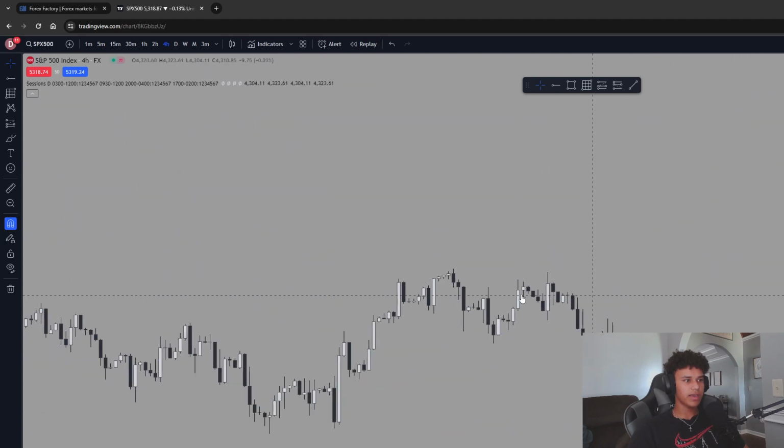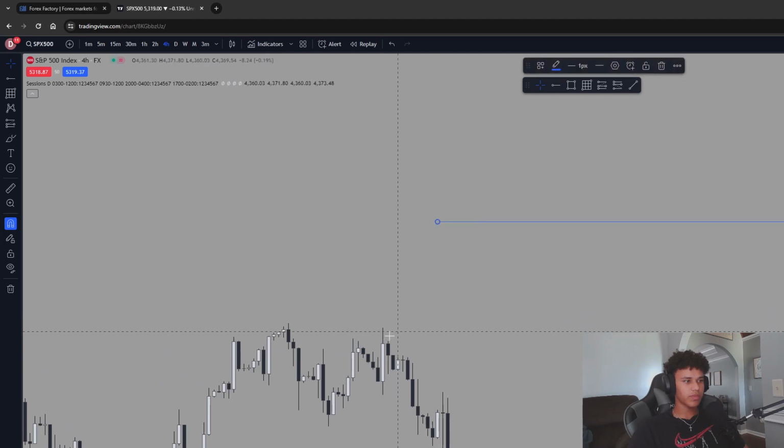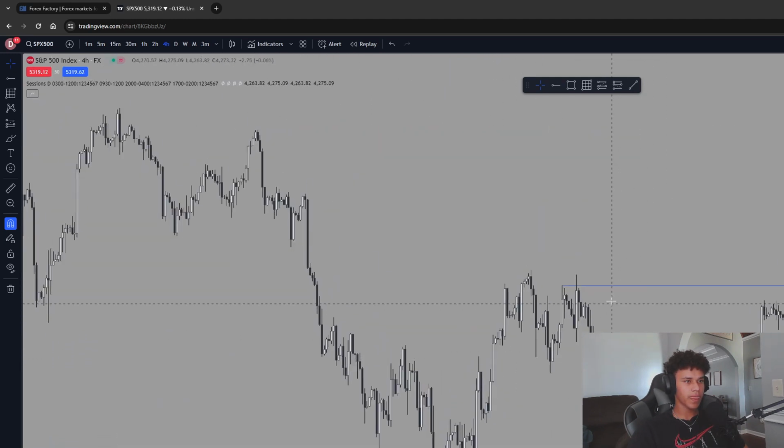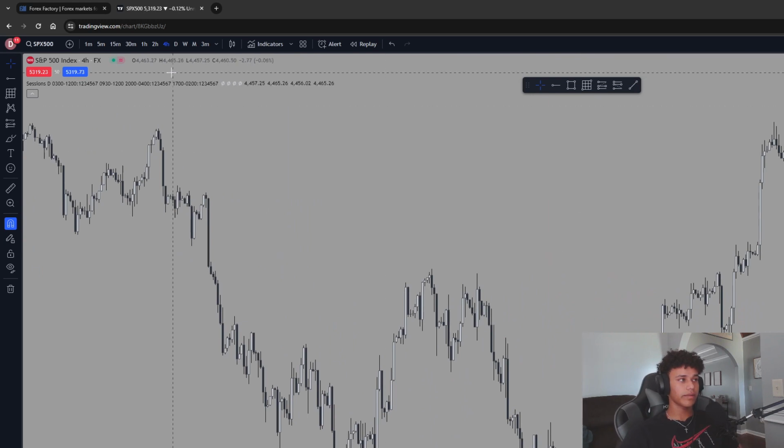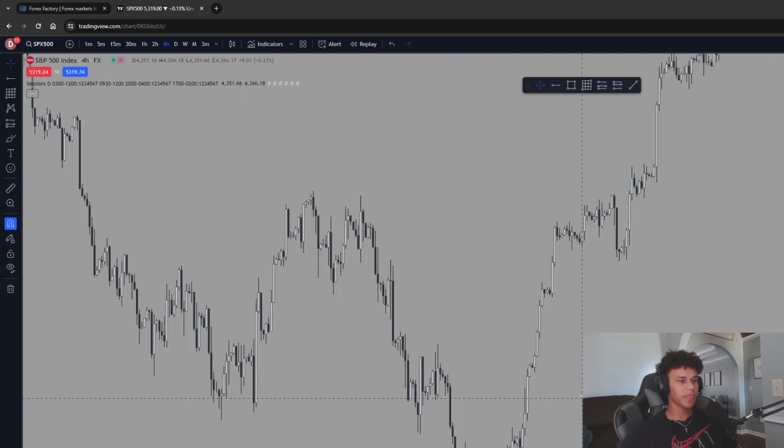Even right here, there's liquidity above this. Price goes up above it and just pushes straight down. So you can find that above any high and low. I usually use it on the 15-minute and up. Below that, it doesn't work very well.